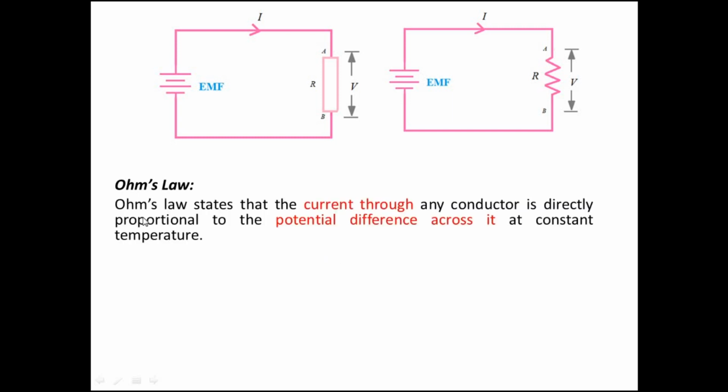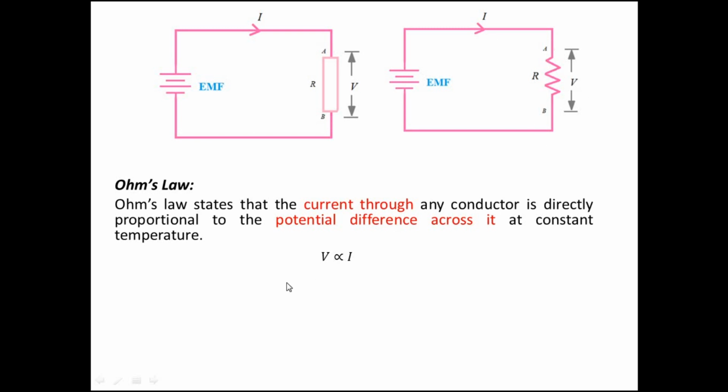So Ohm's law states that the current through any conductor is directly proportional to the potential difference or voltage across it at constant temperature. Means at constant temperature, for any conductor, the voltage across it is directly proportional to I. Means if V is increasing, I is increasing.